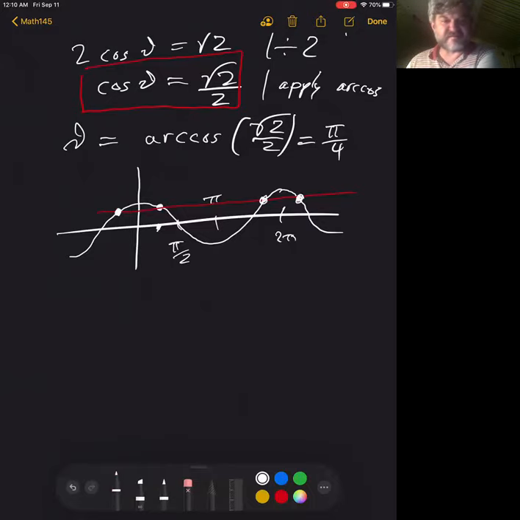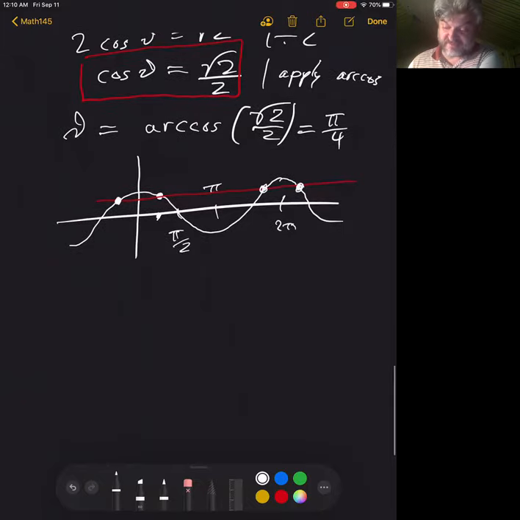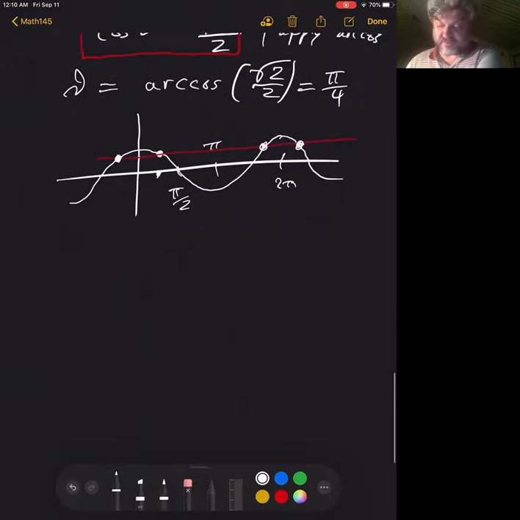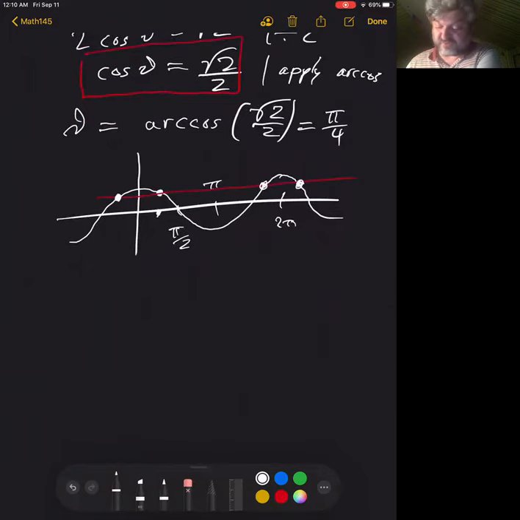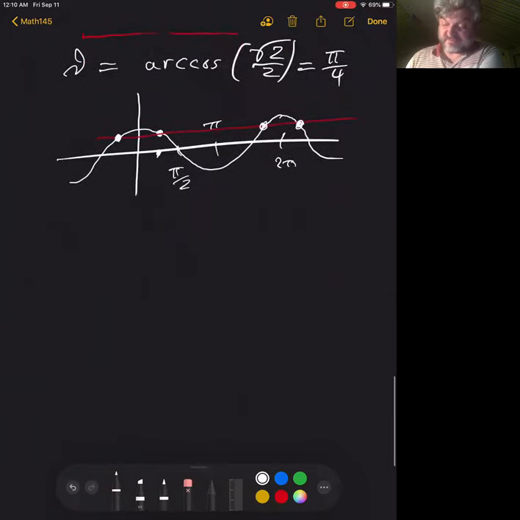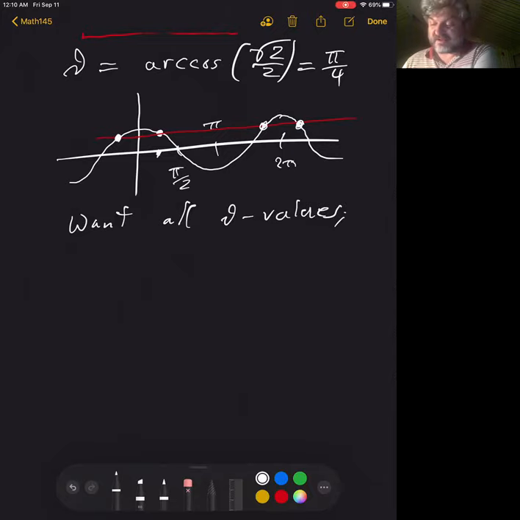So we need a systematic way to write down all of these many theta values, where the cosine of theta is square root 2 over 2. And we already have one. And my advice is then to first get the second one.